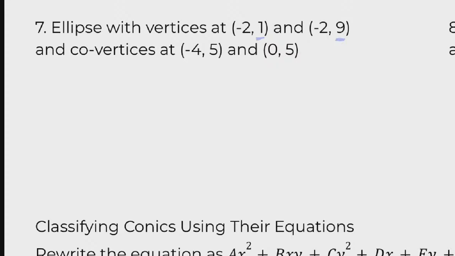One way you could do that is negative 1 plus 9 over 2. Then looking at the co-vertices, the x values change, so we can find the midpoint of those two as well, and this will give us the center. So that's going to be negative 4 over 2 and 10 over 2. So that's negative 2 and 5.